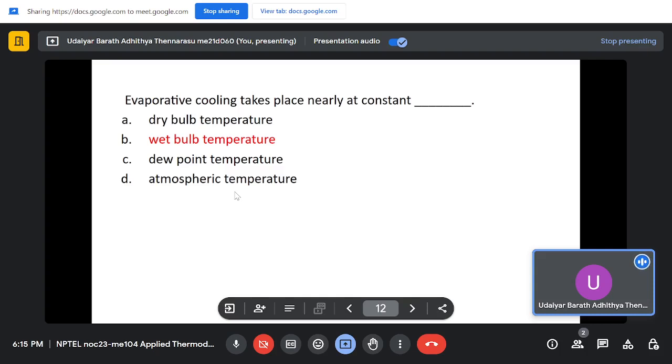So at any point of time, even though your dry bulb temperature may be different, your wet bulb temperature will remain the same, because as I told previously, wet bulb temperature signifies you have reached a saturated vapor condition. So your wet bulb temperature will remain constant.